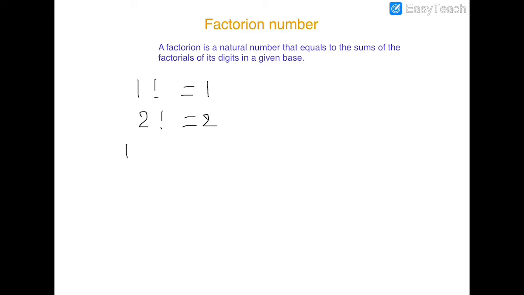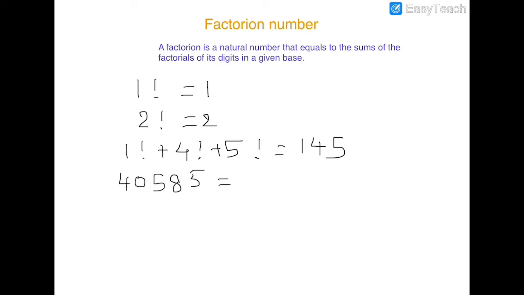In the same way, 1 factorial plus 4 factorial plus 5 factorial gives you 145. So whatever digits you do factorial for and add, the same number you will get as the answer.